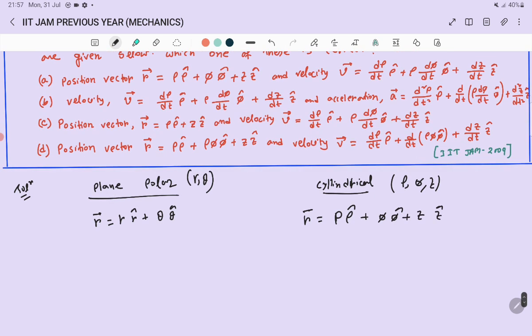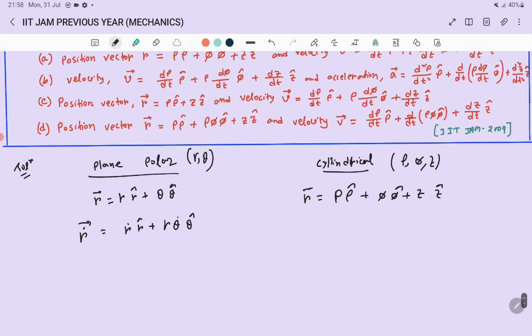If you talk about the velocity for plane polar, that will be r dot r cap plus r theta dot theta cap. That means dr upon dt into r cap plus r into d theta upon dt theta cap.